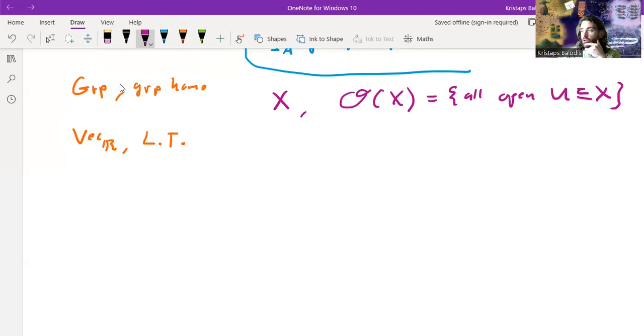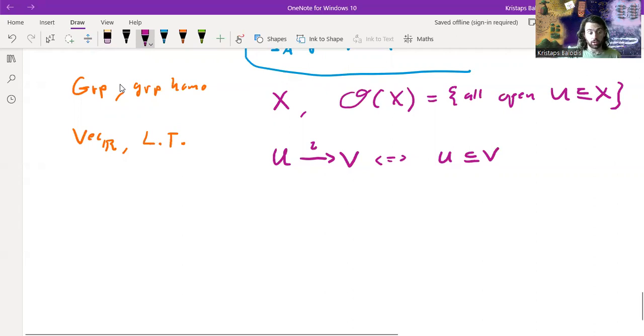And what are all my arrows? Well, I'm only going to say that there's an arrow, a morphism from U to V, if and only if U is contained in V. And in fact, I'm going to let this be the natural inclusion map from U into V.